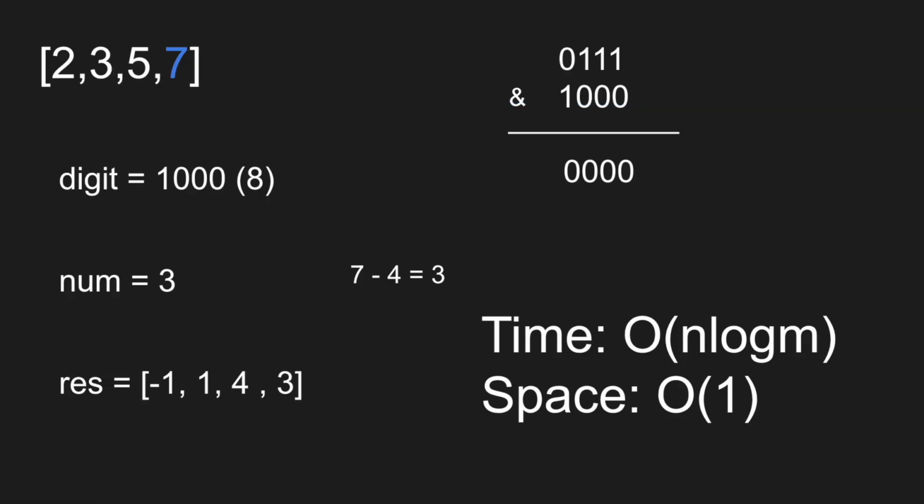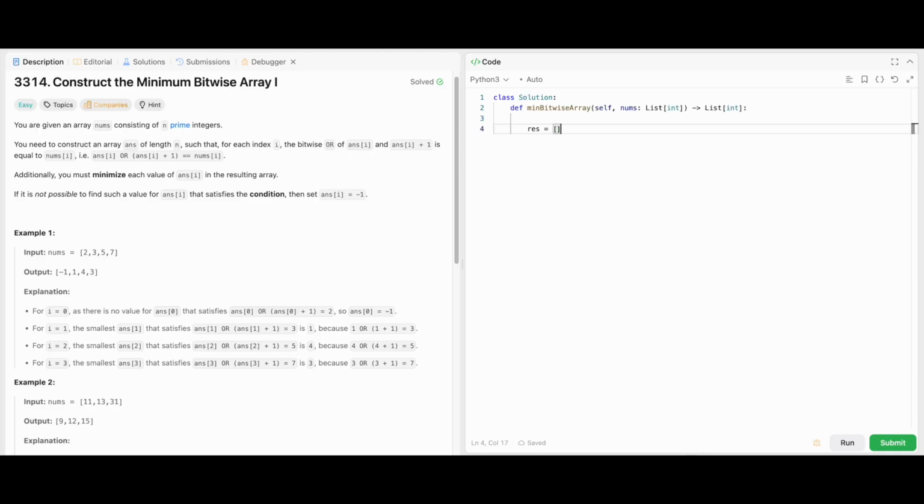So now let's get to the coding part. First we'll initialize the resulting array and we will iterate through nums. So for i in range length of nums, initialize number to -1 and digit we will start at 1. And now we'll set a while loop. While nums[i] AND digit does not equal 0, then we will set number to nums[i] minus digit, and we will left shift the digit by 1.